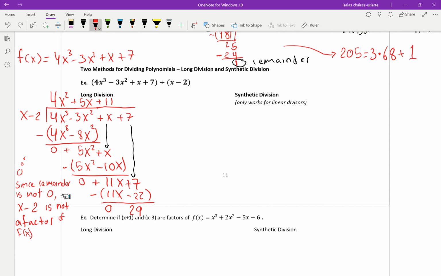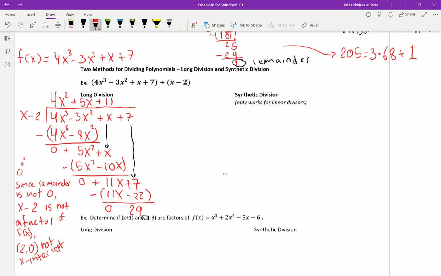Which also means that 2 comma 0 is not an x-intercept. That's what we conclude right now. So 2 comma 0 is not an x-intercept, which means that x minus 2 is not a factor of my polynomial, because the remainder is not 0. So that's one thing I can conclude.